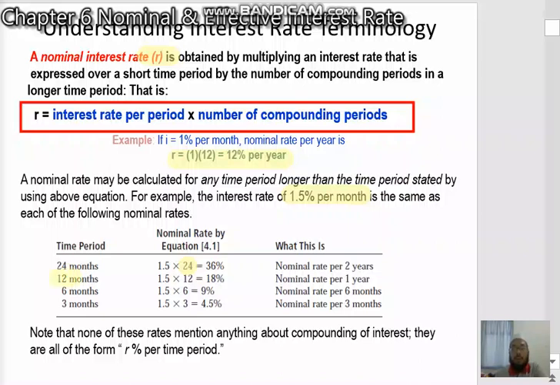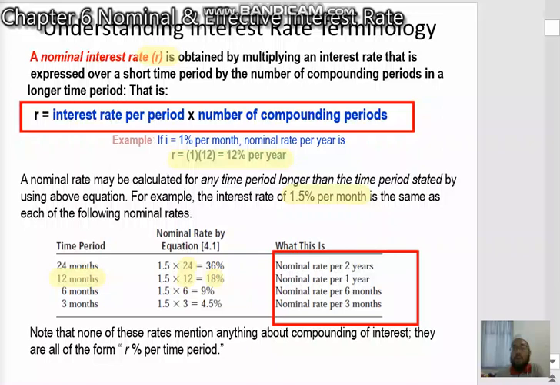For 12 months, times 12, so 18% nominal rate every year, and so on. Note that none of these rates mention anything about compounding of interest, because the nominal rate itself does not consider the compounding of the interest.